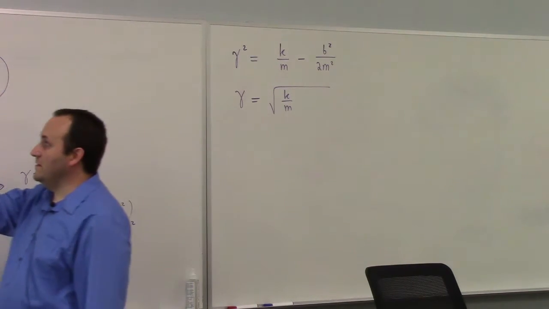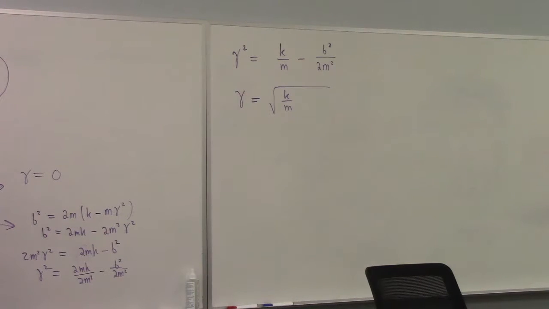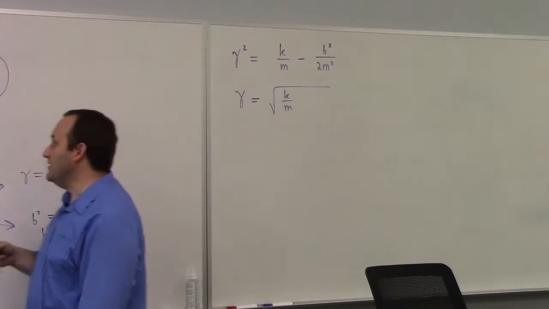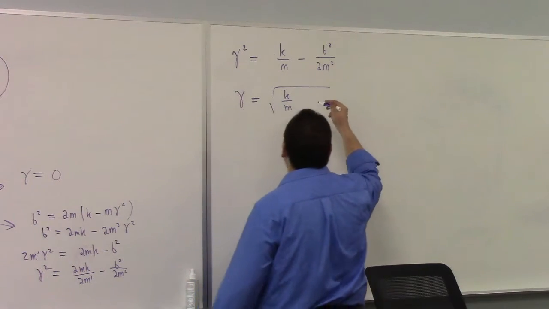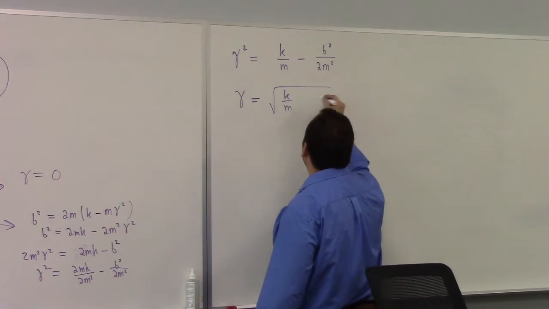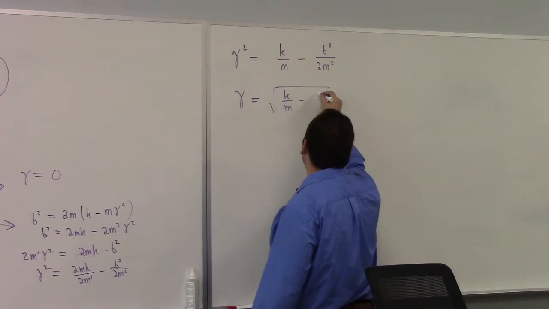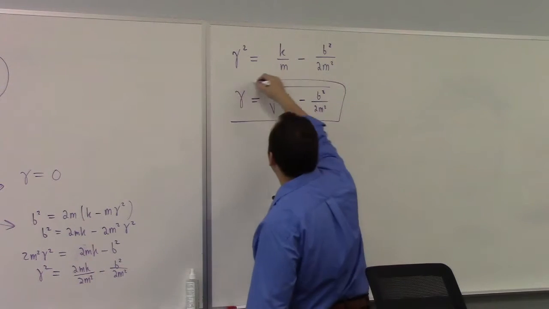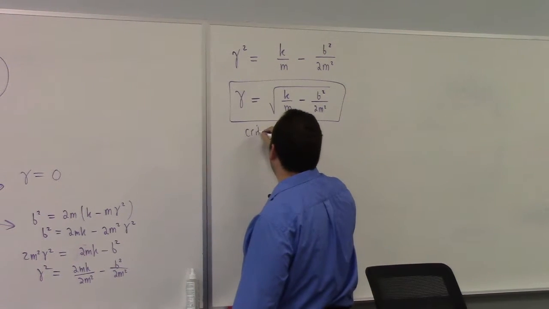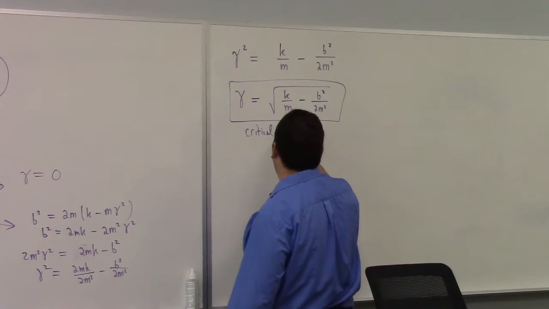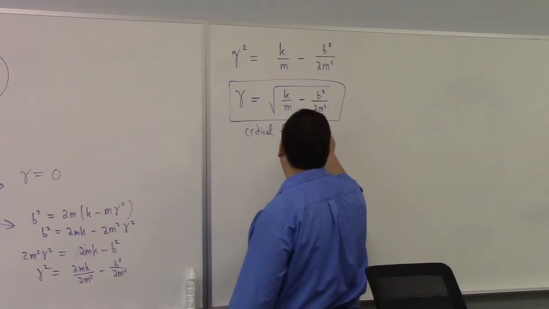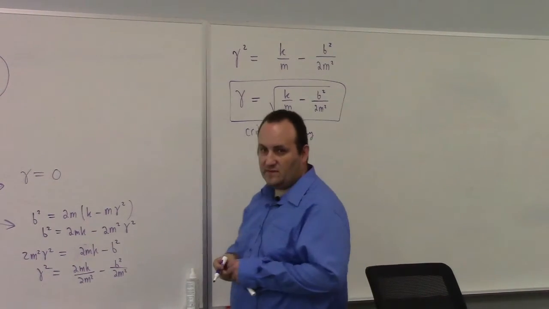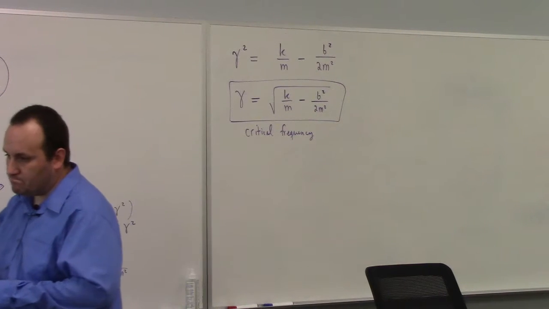Minus gamma and gamma actually give you the same formula here, because cosine's even. So really we limit our consideration to non-negative angular frequencies. And there you go. This is the so-called critical frequency, right? Angular frequency, of course, this is in radians per second.